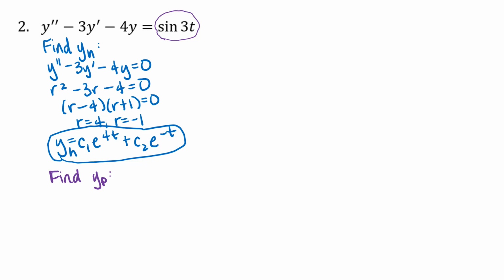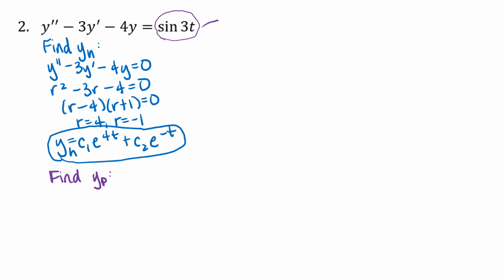So if you think about that sine 3t function and then its derivative, the derivative of the sine function is cosine function, so we'll get an extra 3 out front from chain rule, so we'd have 3 cosine 3t, but that's just a constant times cosine 3t, and then the derivative of that would be negative 9 times sine 3t. So we just get another constant times sine 3t.